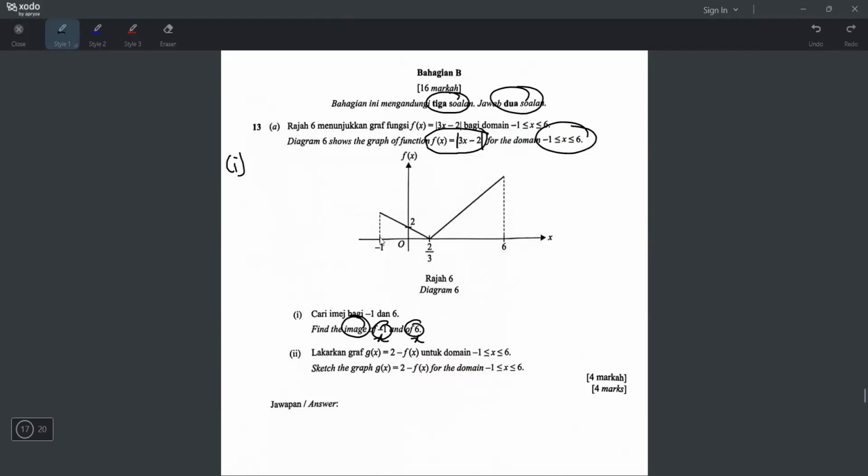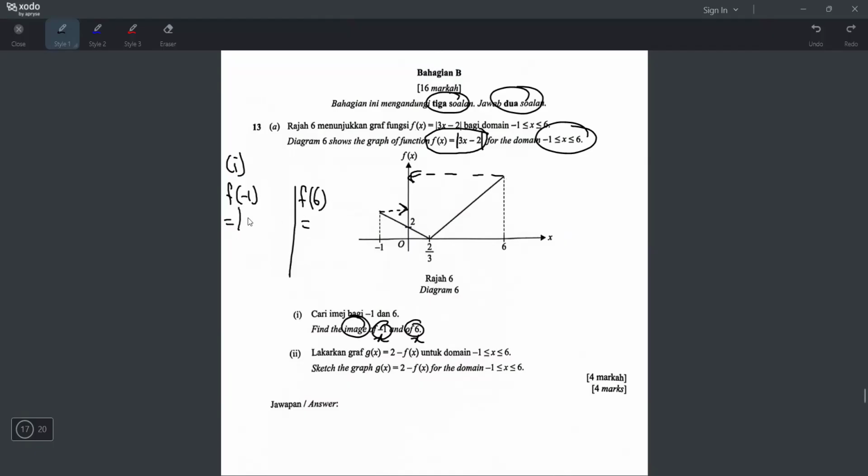So they're asking you to find the y coordinate when x is -1, and the y coordinate when x equals 6. And how you do that is you just sub inside the equation. You find f(-1) and you find f(6).